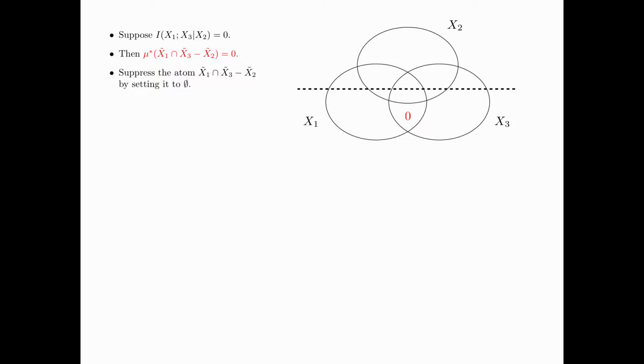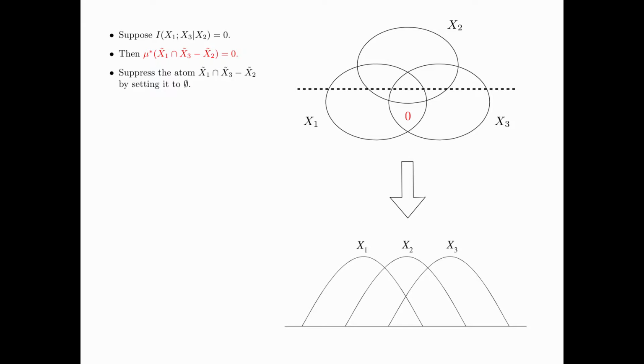This can be achieved by displaying only the upper part of the information diagram. By redrawing the upper part of the information diagram, we obtain the information diagram at the bottom, which consists of 3 consecutive mountains representing X1, X2, and X3.